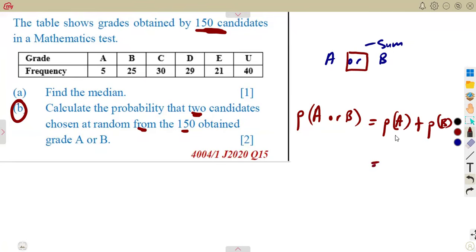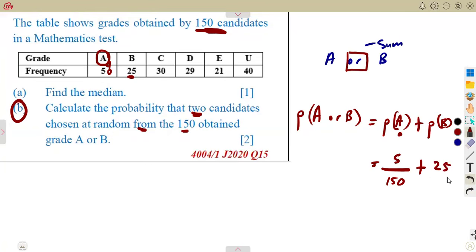together. Or you just find the probability of A. How many people are there at A? A here, the frequency is 5. So you take the number that is there over the total frequency. Remember, probability is what is presented over the total frequency, 150, plus that of B. How many are there at B? There are 25.